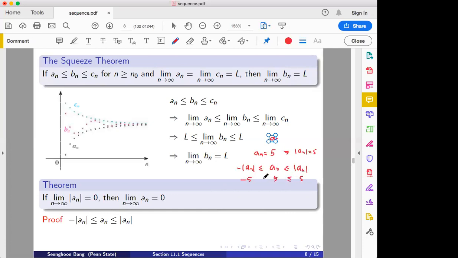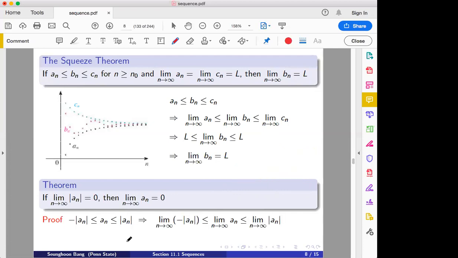Yes, the inequality is true. If An is a negative number, we have the same result. The only difference is here. So this statement is always true: An is between minus the absolute value of An and the absolute value of An.